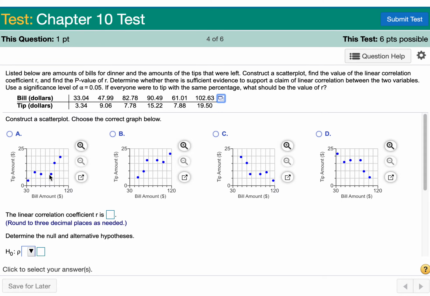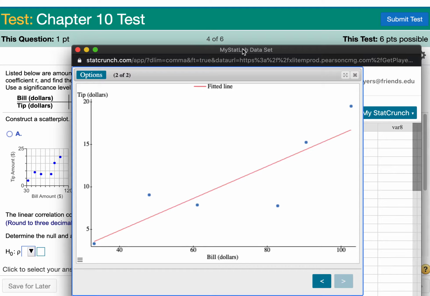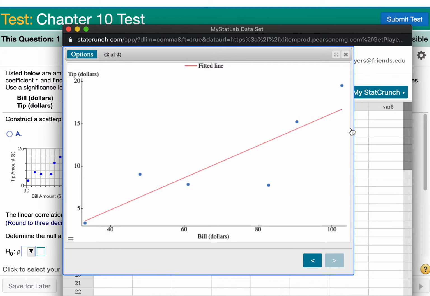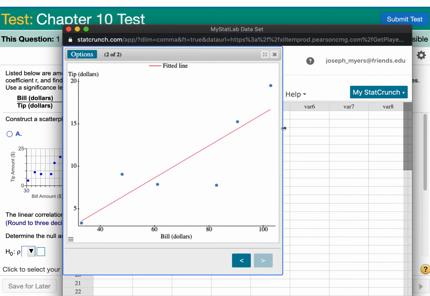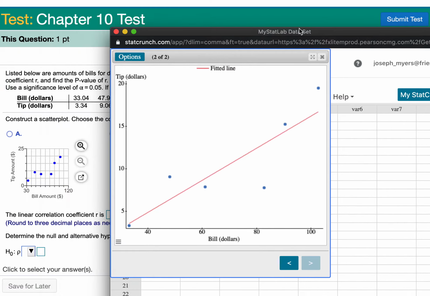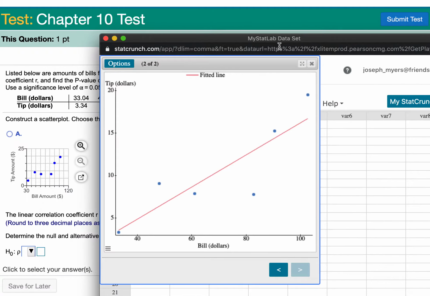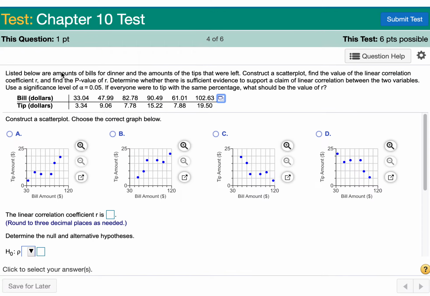See those 3 little dots in the middle, and then 2 dots that are higher at the end? That one looks like this one. It doesn't quite look like that one because the other graph is squished together a little bit. So there we go, that looks a little bit more like it. I would say graph number A is the only graph that looks just like that.